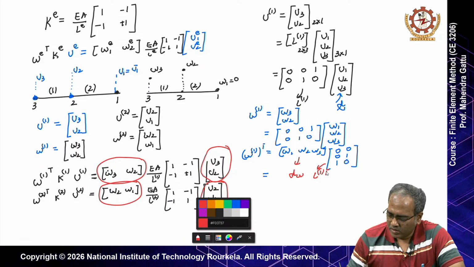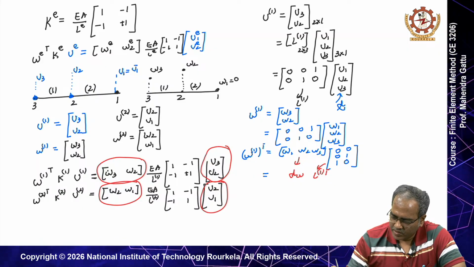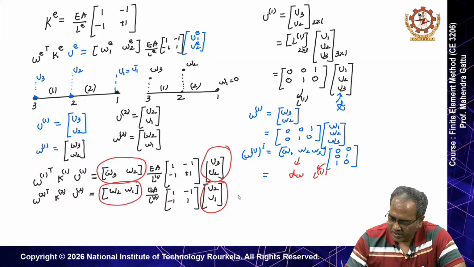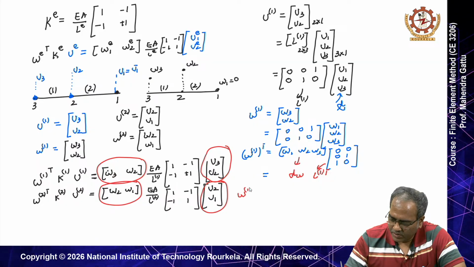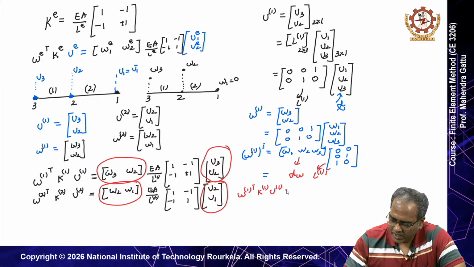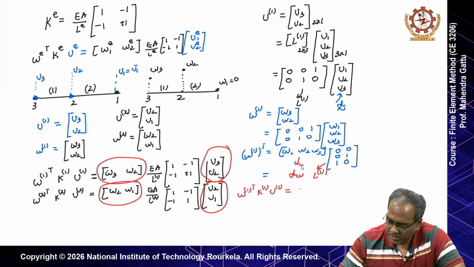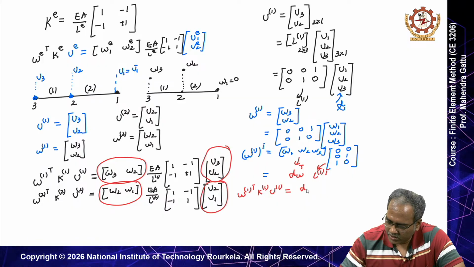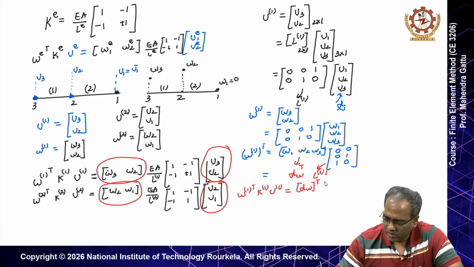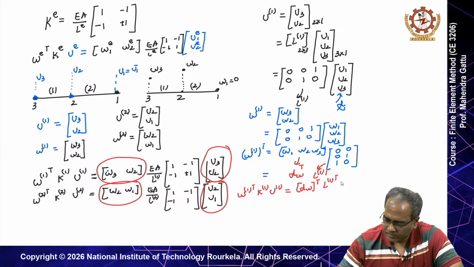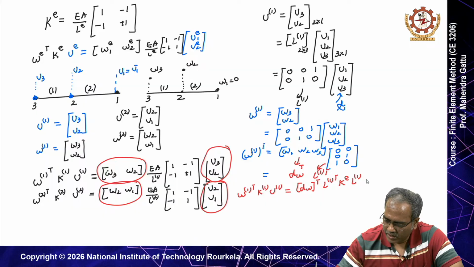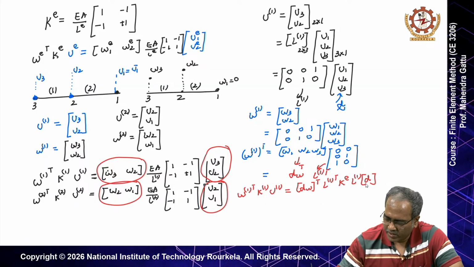So, effectively what is happening is we are writing W1 transpose K1 times U1 as dW transpose, that is the global weight vector transpose, L1 transpose K1 L1 and the global vector.